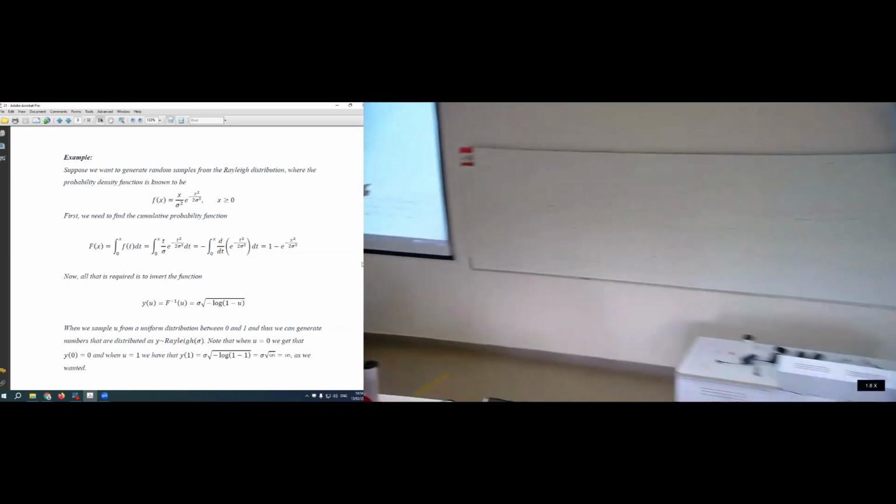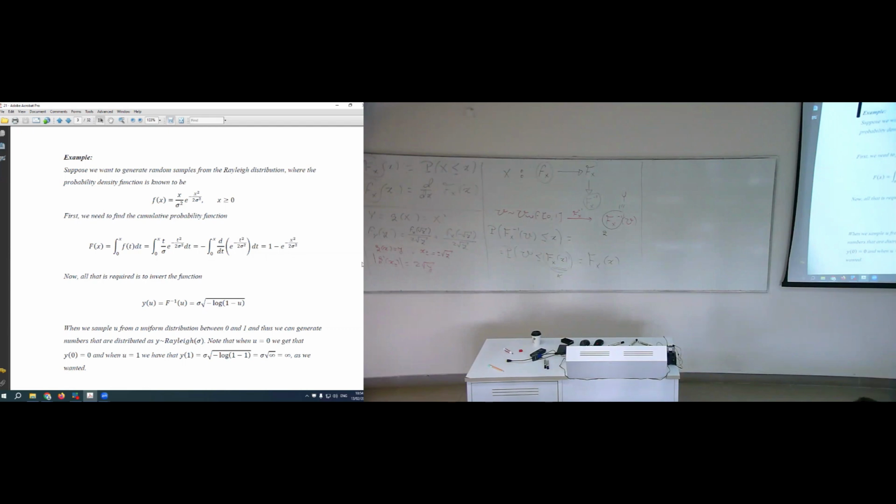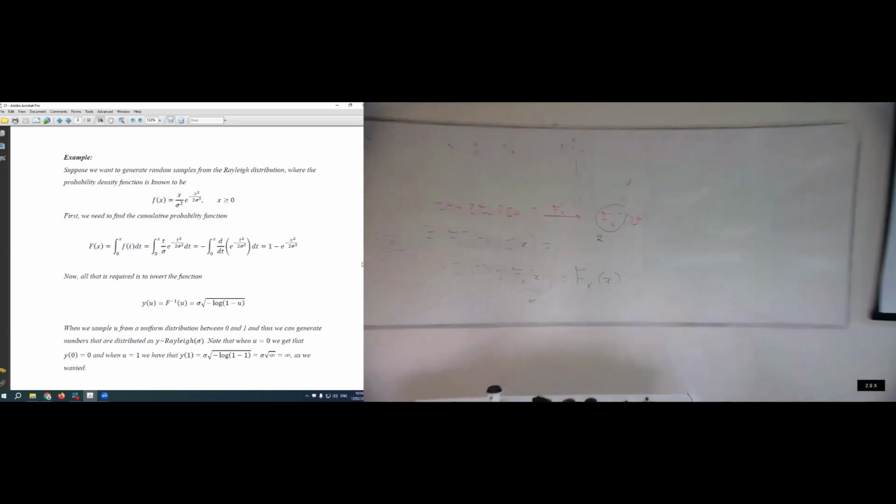So for u equals 1, but you get to 1 from below, this is a very, very small number. And then we have here infinity, because this minus we can take here for a power. So we will have the log of a very, very large number, which is very large, square root. It goes to infinity.